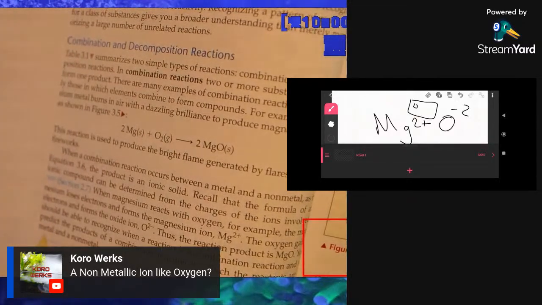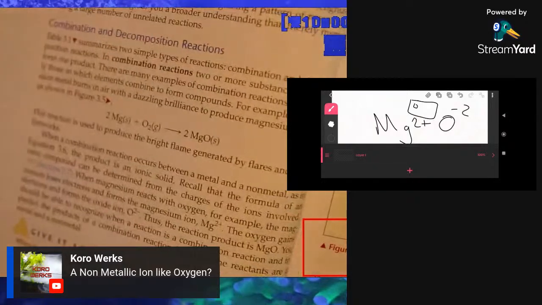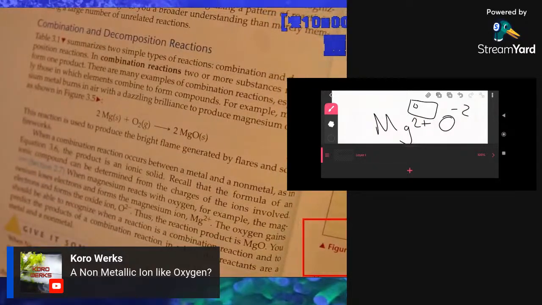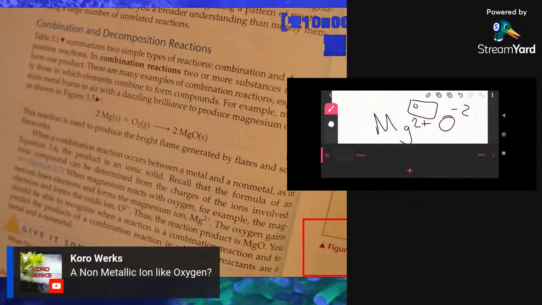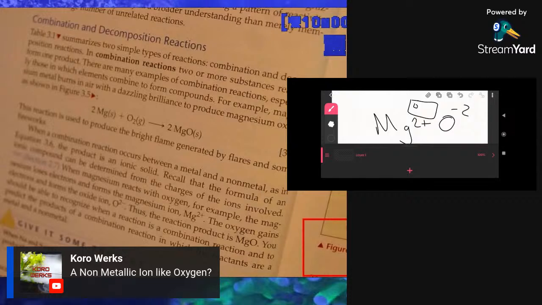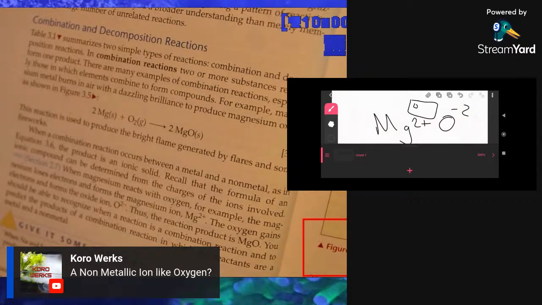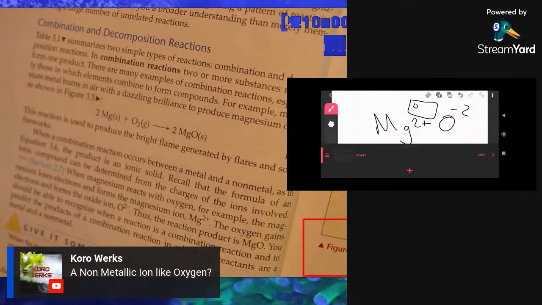But anyway, if you look at the oxygen, it's a -2 charge, so that's what it's saying. Thus, the reaction produces magnesium oxide. You should be able to recognize when a reaction is a combination reaction, and to predict the products in combination reactions in which the reactants are a metal and a non-metal.